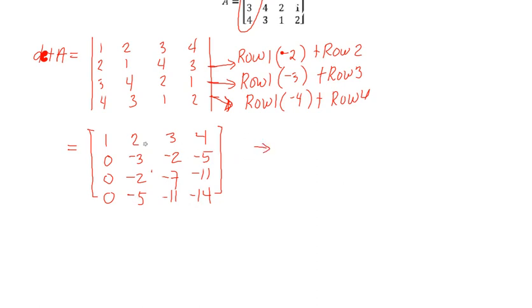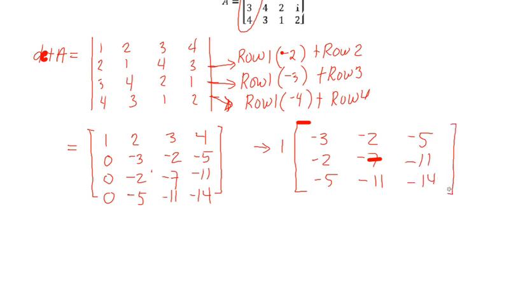So, since this is 0, so 1 multiplied by the matrix, negative 3, negative 2, negative 1, 5, negative 2, negative 7, negative 11, negative 5, negative 11, and negative 14. So, yan na yung magiging matrix natin. So, pag kinuha natin coefficient, kasi yung 1, i-eliminate natin yung row 1 and column 1, yung matitirang matrix, yun yung i-multiply natin sa ating coefficient.